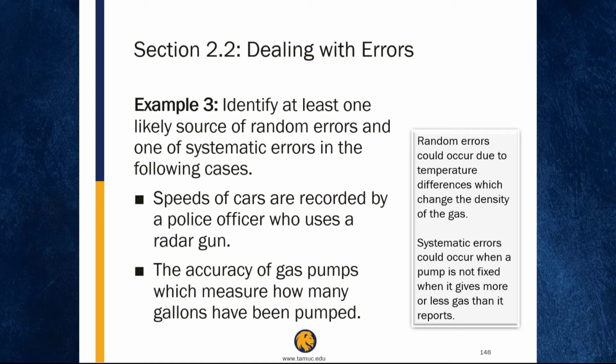So it might be a reading error on its part, but it would be set off by a certain amount that it needs to be calibrated back to. So it might read that it's giving more or less than it actually does. Whereas the random error in this case would be something outside of it that affects the quantity of the gas that's being drawn by the pump.